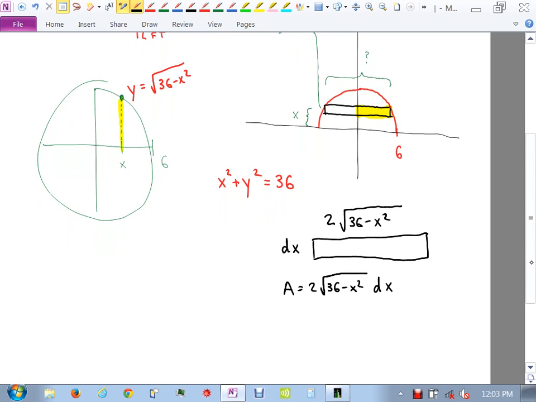What is the pressure being applied on that strip? 62.5 times the depth. The depth is 34 minus x. Y'all see that? The 34 minus x instead of x. Questions?